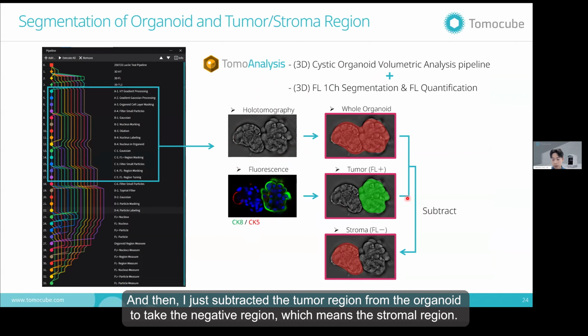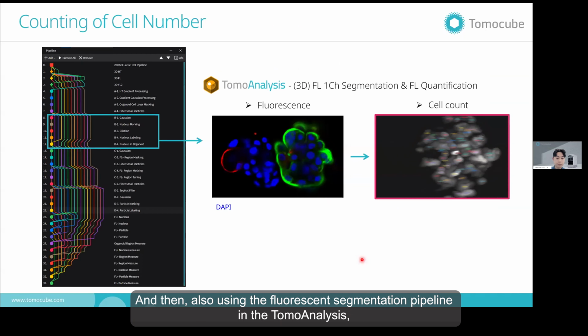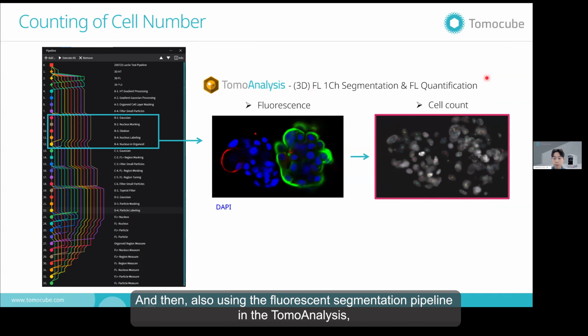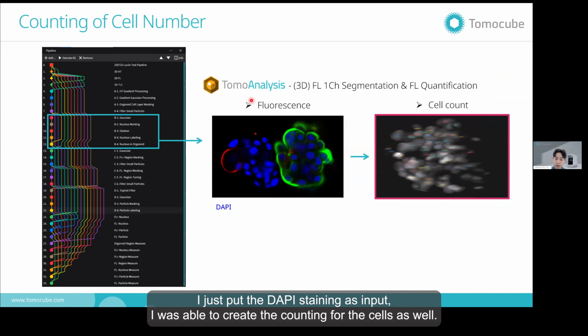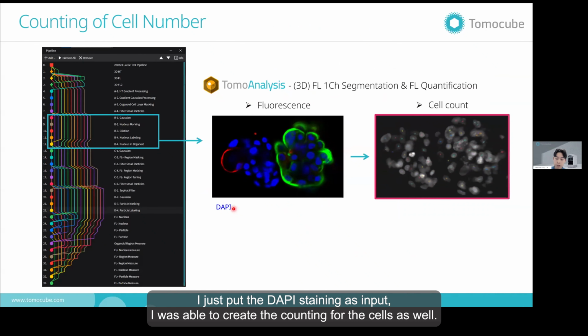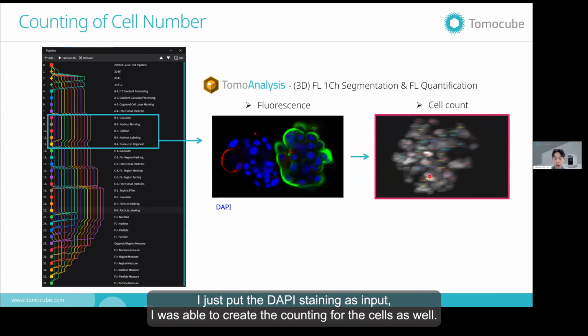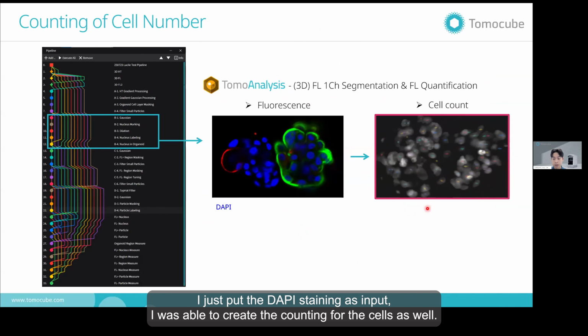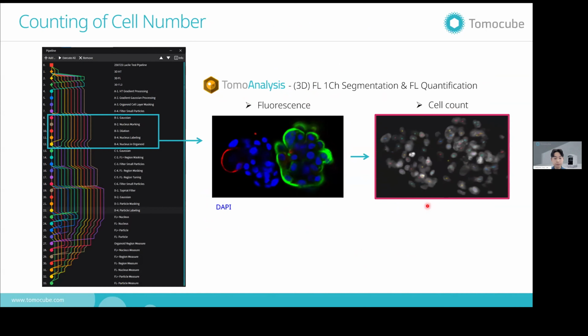Then I subtracted the tumor region from the organoid to get the negative region, which means the stroma region. Also, using the fluorescent segmentation pipeline in TomoAnalysis, I put the DAPI staining as input, and I was able to create the counting for the cells as well.